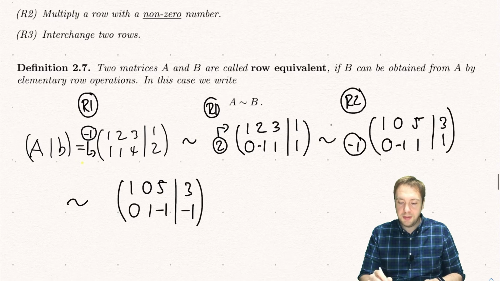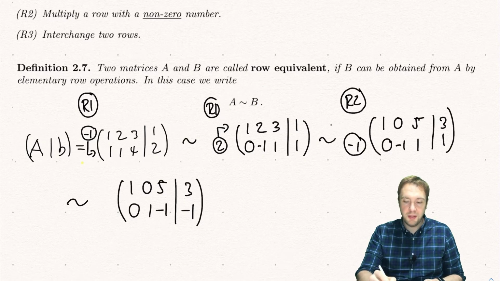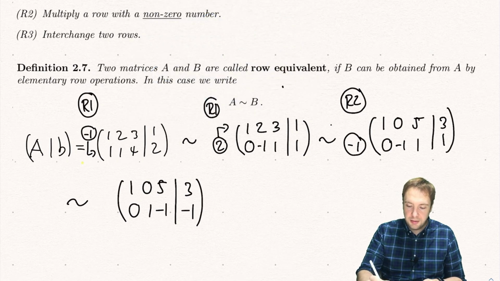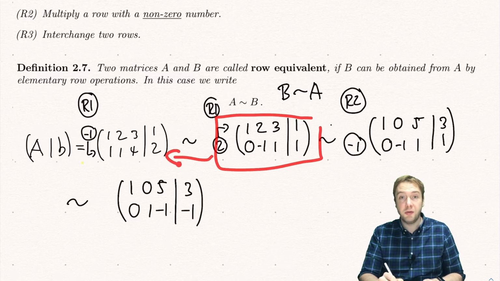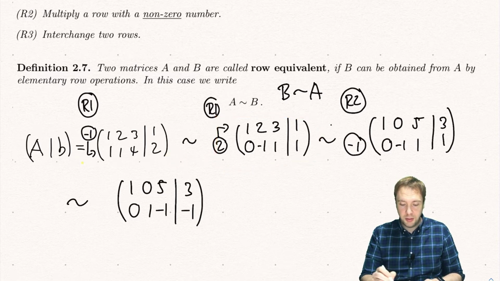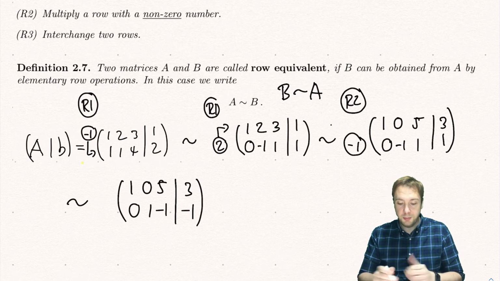And also notice that if A is row equivalent to B, then B is also row equivalent to A, because I can also go from B to A by using an elementary row operation, because as we saw last time, these elementary row operations are invertible.